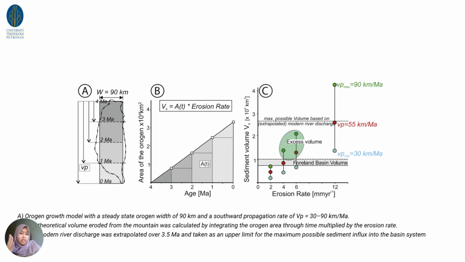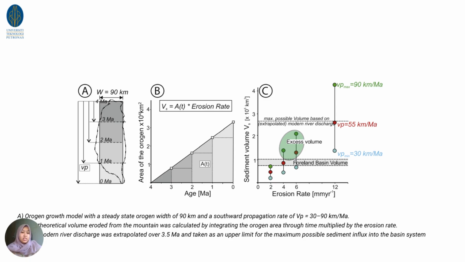You can see here, A is an orogen growth model, a steady state orogen width of 90 km and a southward propagation rate of BP equals 30 to 90 km.